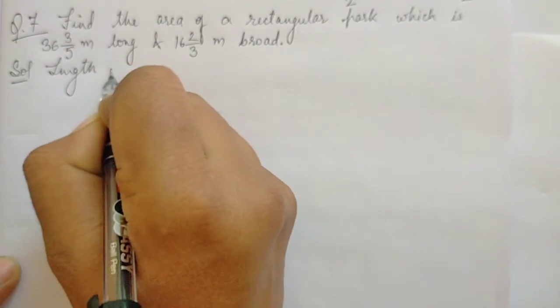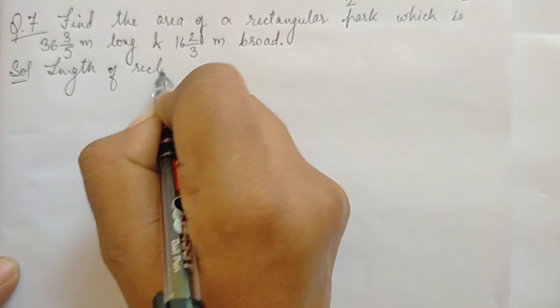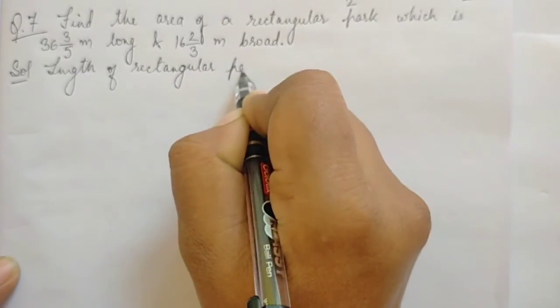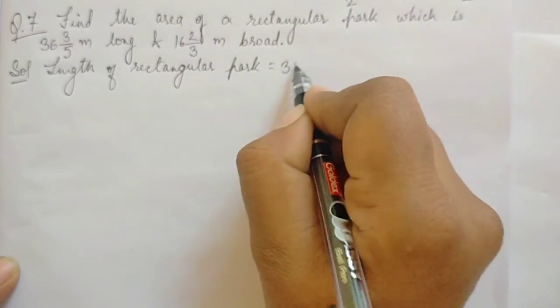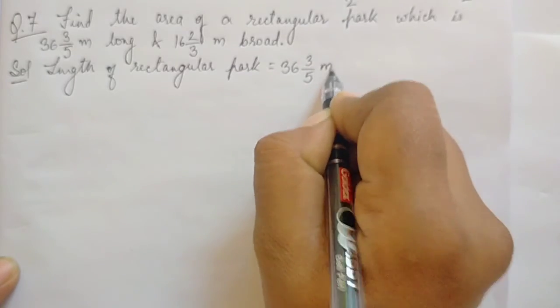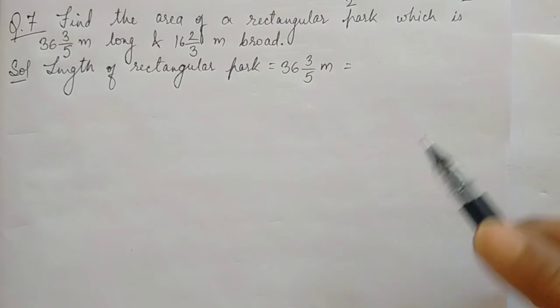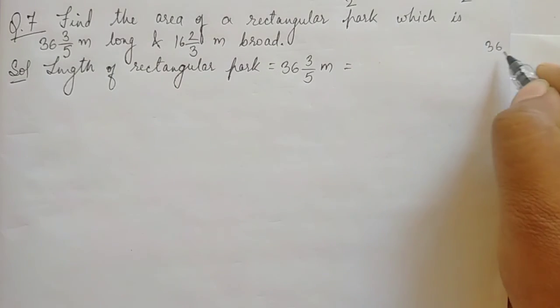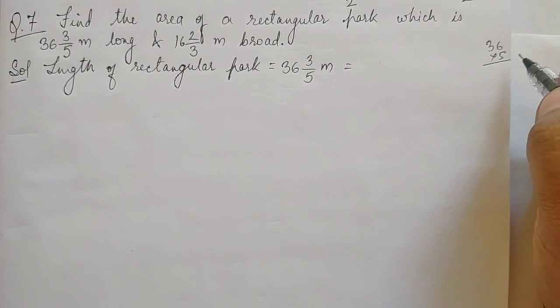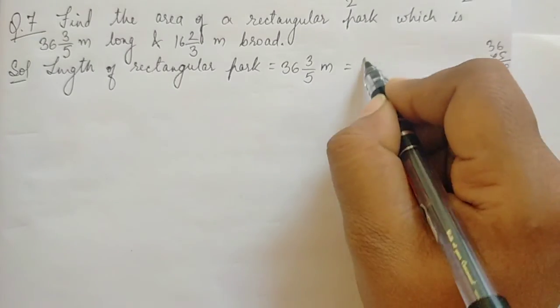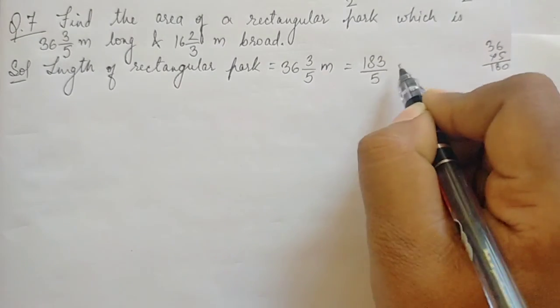Length of the rectangular park is equal to 36 3/5 meter. Now 36 3/5 meter we can convert into an improper fraction. So 36 into 5 is 180. 180 plus 3 is 183/5 meter.